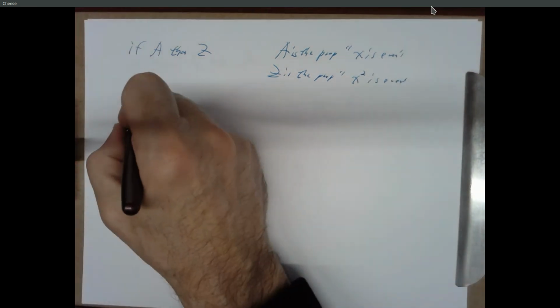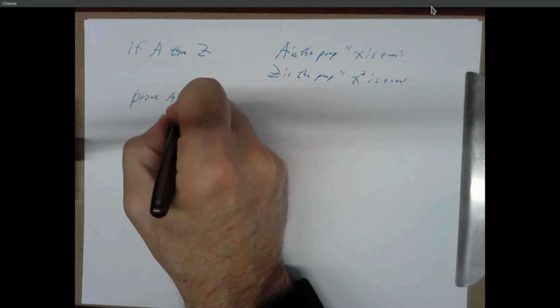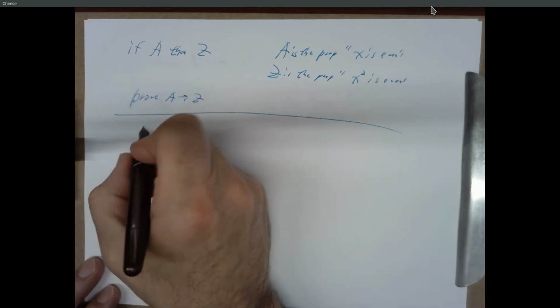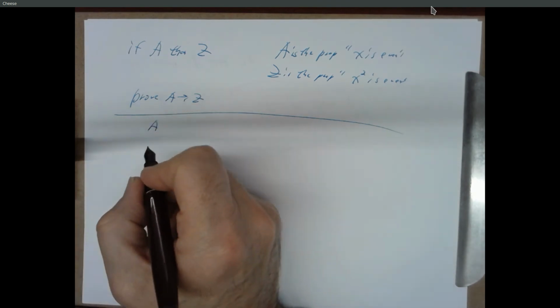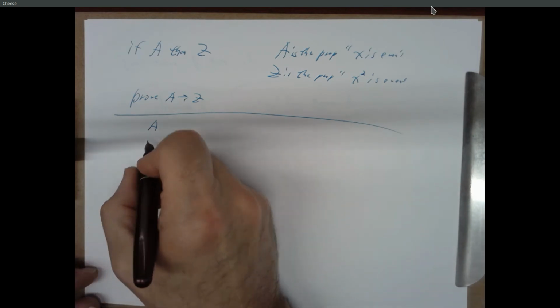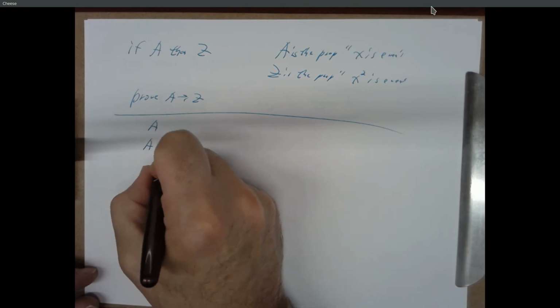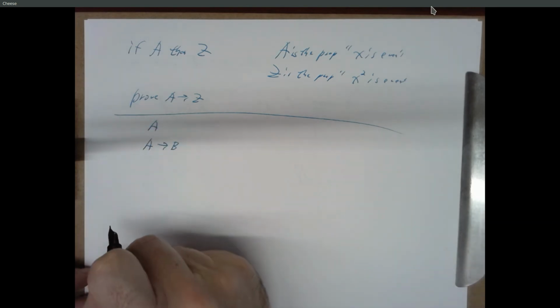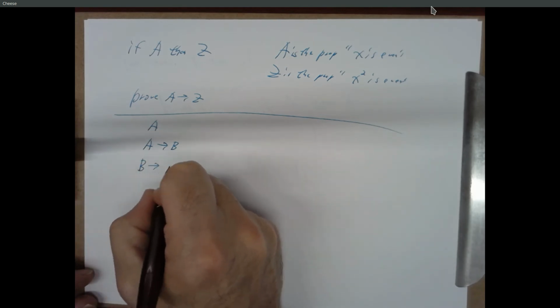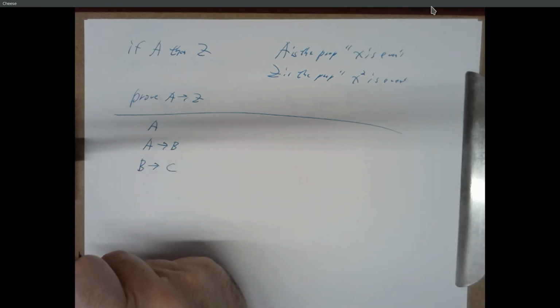So we're trying to prove A implies Z. And what do we do? We basically start off with A, which we're taking as a hypothesis, and then we write down something that follows from A. Well, what we're really doing is we're stating that if A is true, then B is true. And then we're stating if B is true, then something else is true.